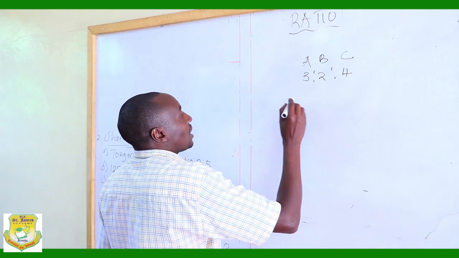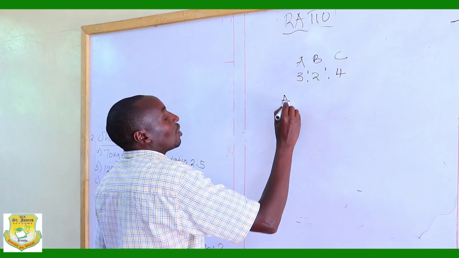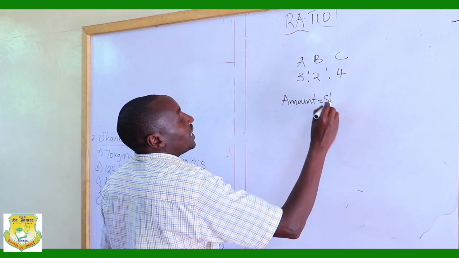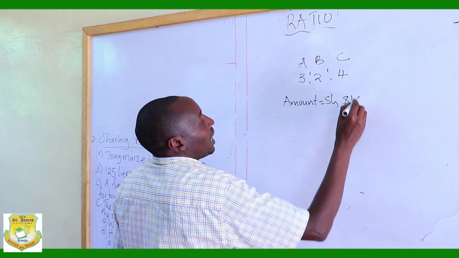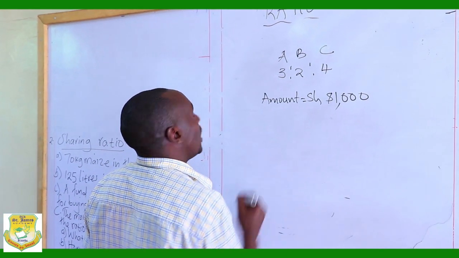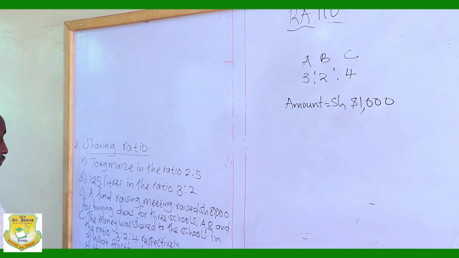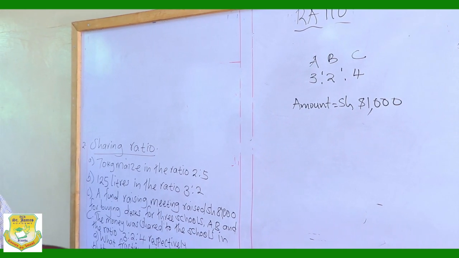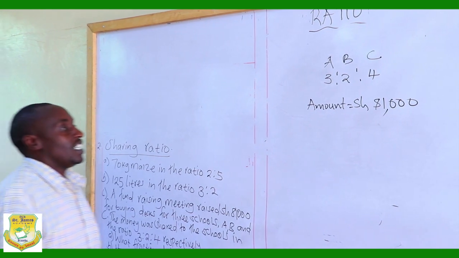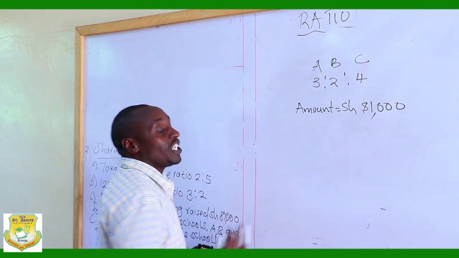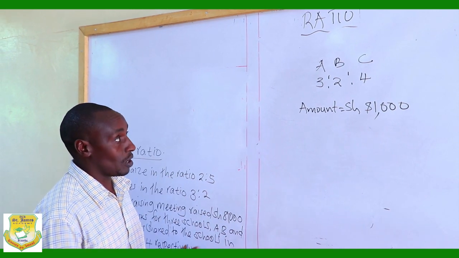And the money raised amounts, we are told it is 81,000 shillings. We go to the first question. What fraction did each school get? So the first question asks us to change the ratio into a fraction.